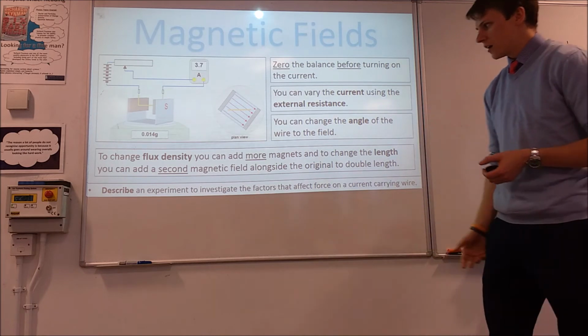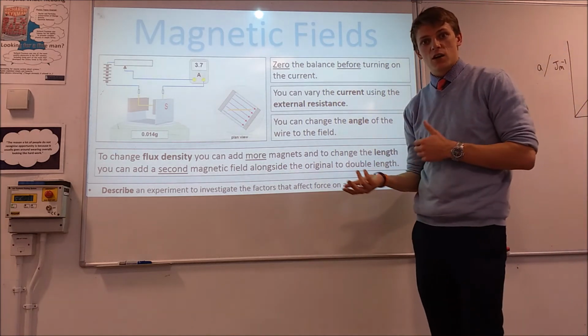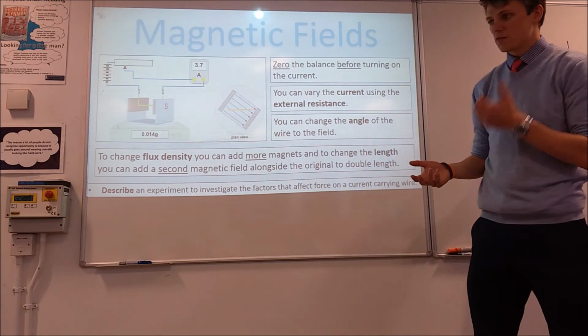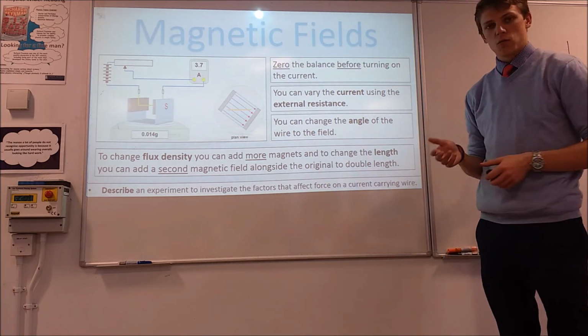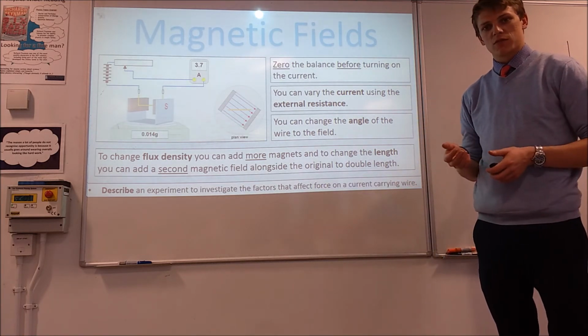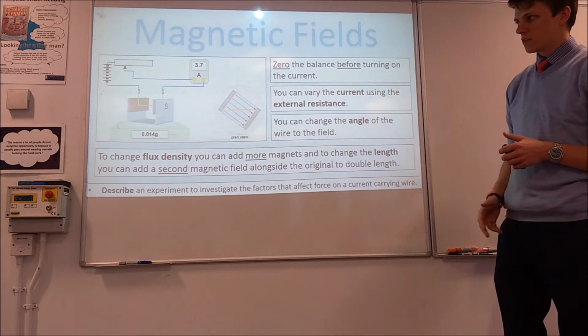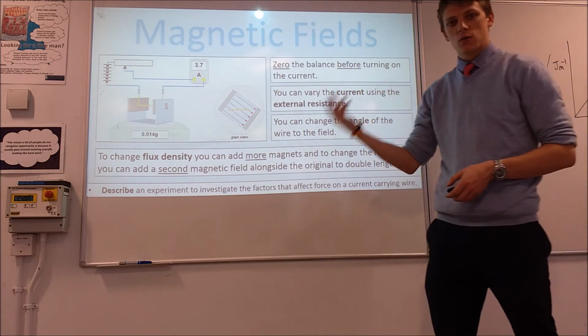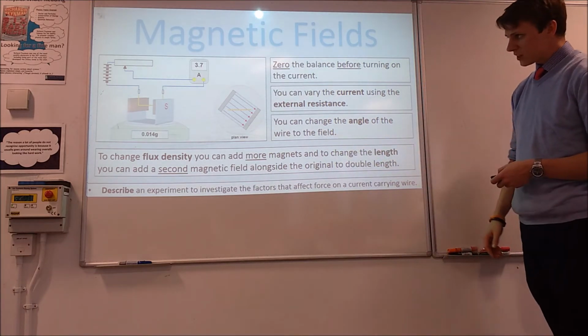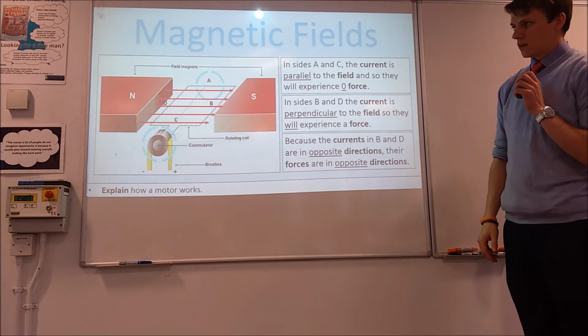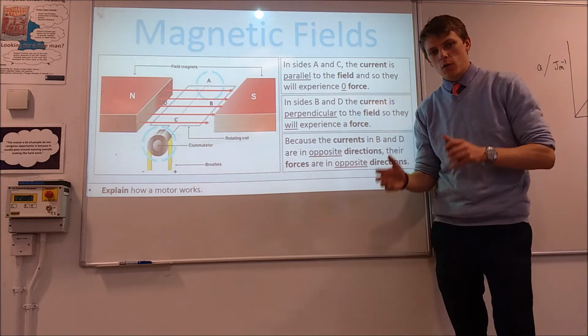You can change the length of the conductor in the field, you can change the field strength by adding more magnets, or you can change the angle of the wire to the field to see the impact of that. So you'll investigate those different things, and what you'll come up with is the equation we've talked about, BIL sine theta, to model it.